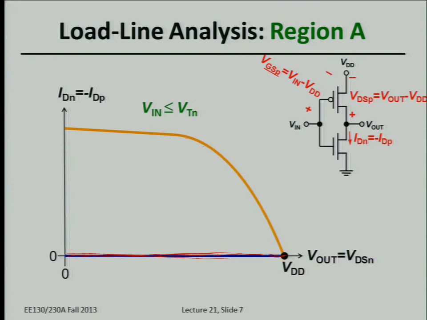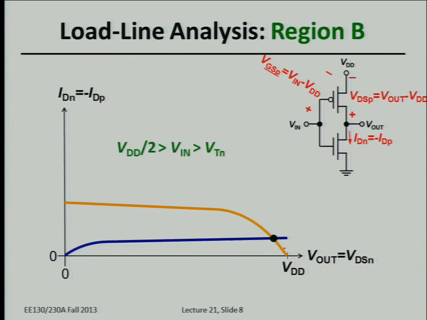So it's on this kind of high curve like this. But the output voltage is kind of high. So yes, we have to be operating somewhere along this curve, but the current for the PMOS device has to equal the current for the NMOS device. And the only way that can be is if you're operating the PMOS device at this operating point here.